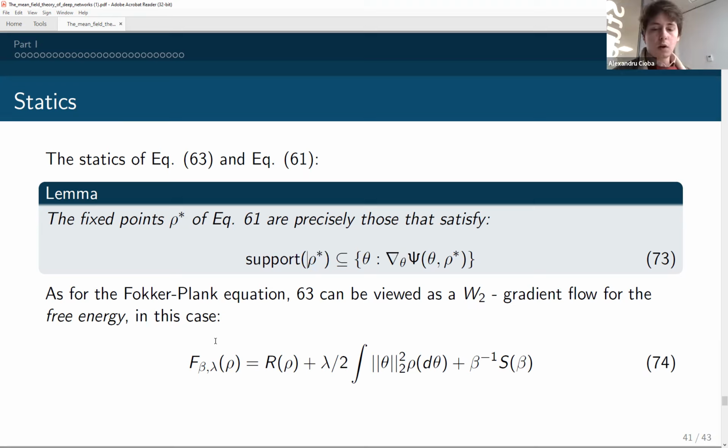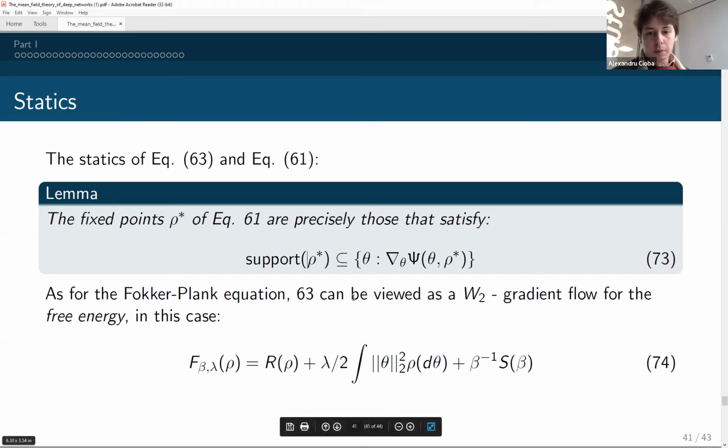Well, okay, so this is kind of interesting, which is to say that you do expect these limiting distributions of weights to be supported in a very small set.